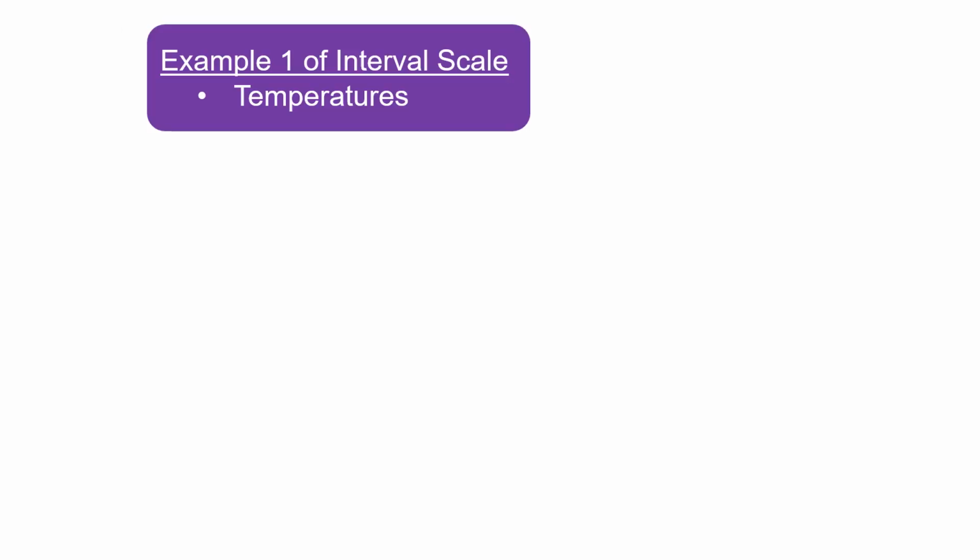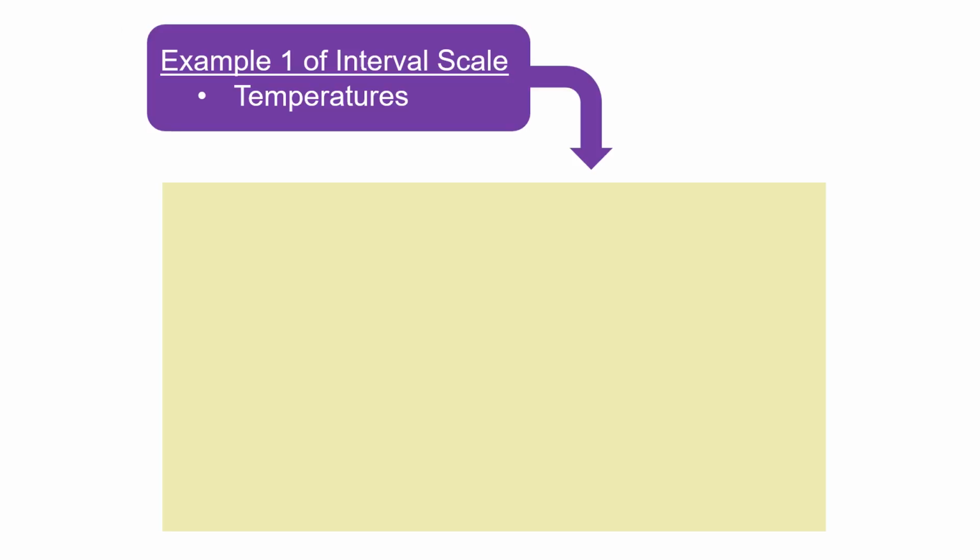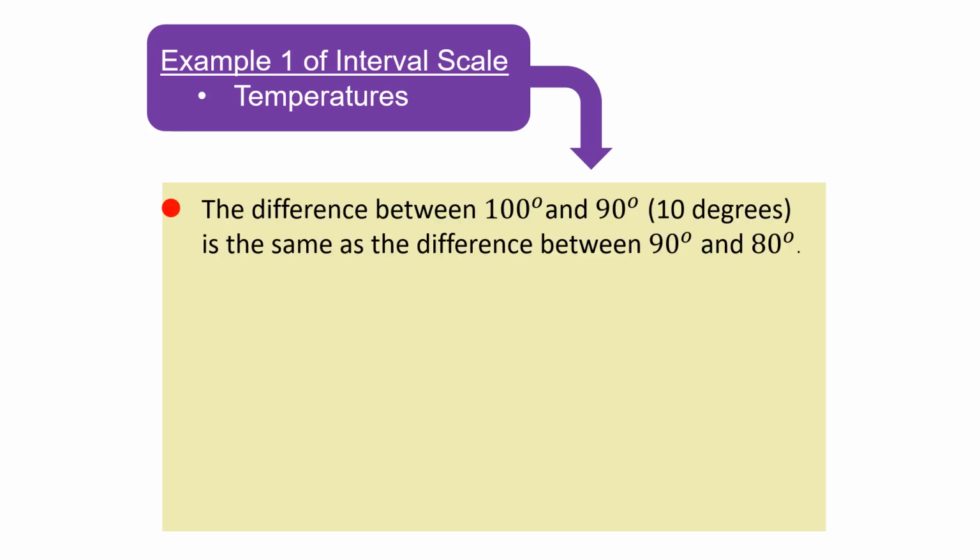Here's an example of an interval scale variable. This is on temperatures. The difference between 100 degrees and 90 degrees is the same as the difference between 90 degrees and 80 degrees. So here this difference is meaningful, it makes sense.